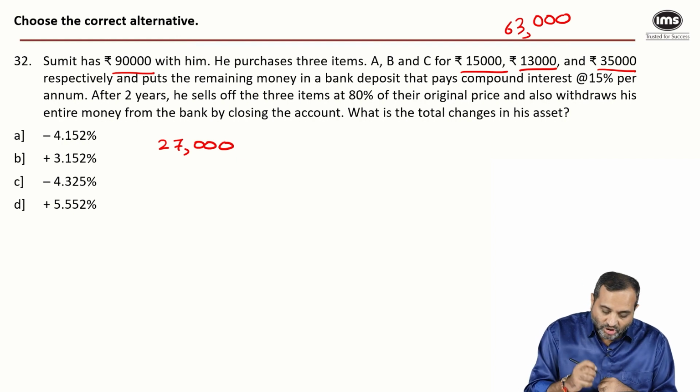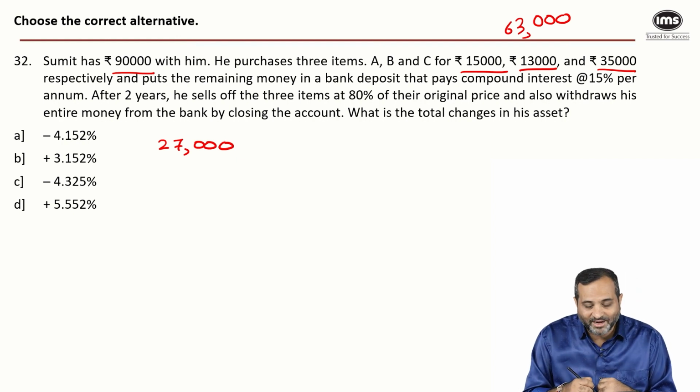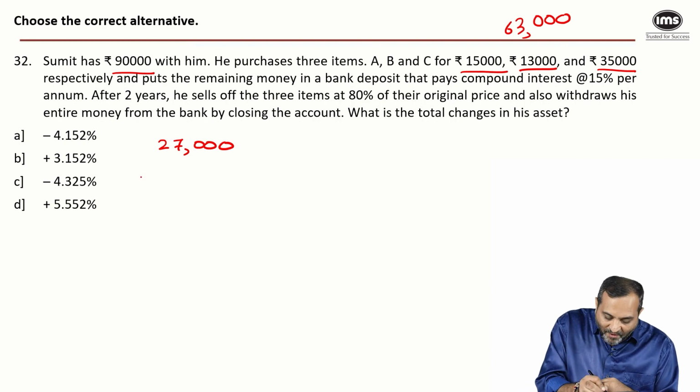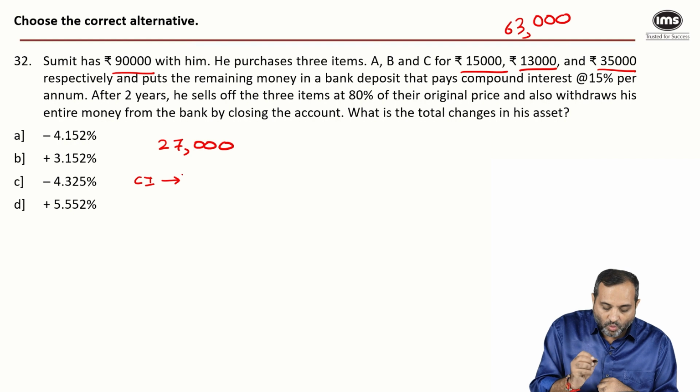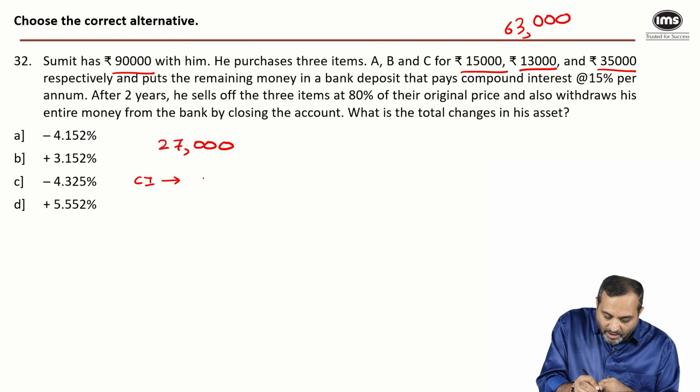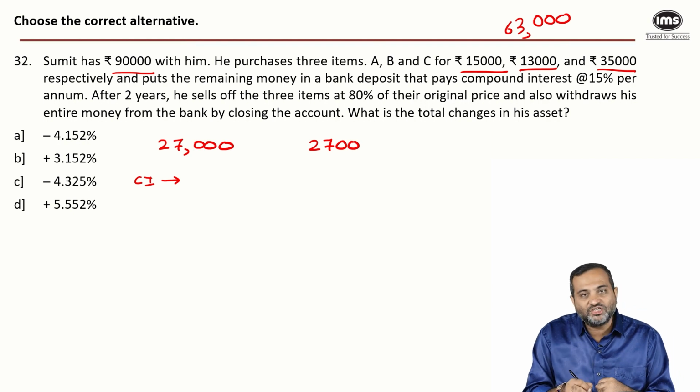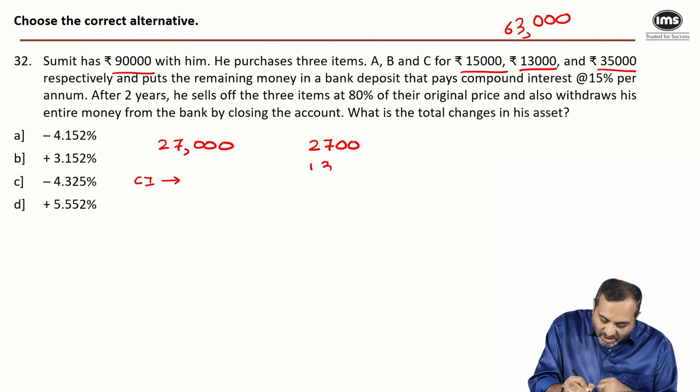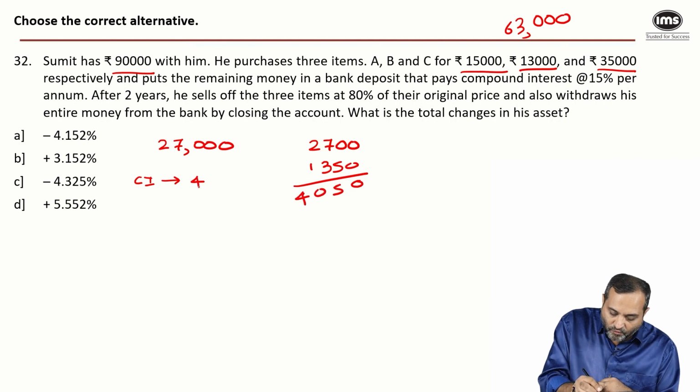This 27,000 he is going to put in a bank which gives me compound interest at 15% per annum. So let me find the compound interest here. What is 15% of 27,000? Can I say 10% is 2700 and 5% is 1350. So I will say that the interest for the first year is 4050.